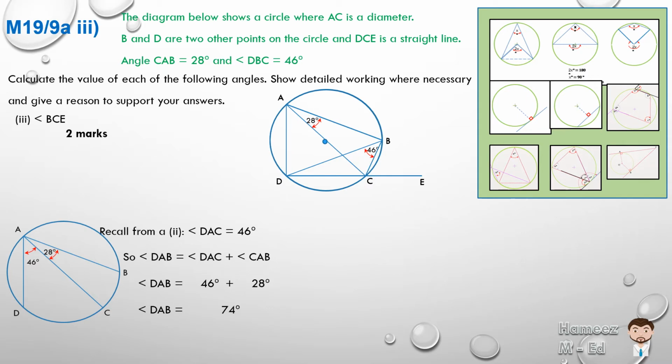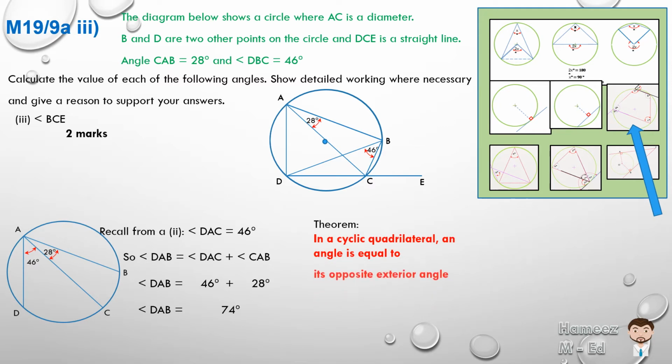Now, if we're looking at the exterior angle of a cyclic quadrilateral, which rule does that look like? It looks like the 6th rule. And the theorem states in a cyclic quadrilateral, an angle is equal to its opposite exterior angle.